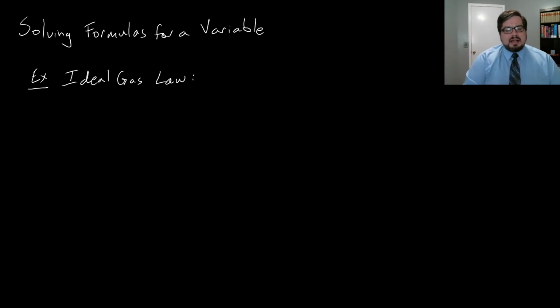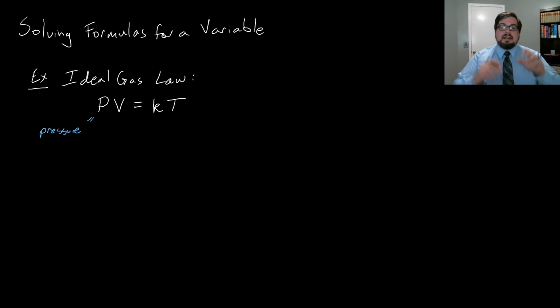So the ideal gas law can be written in symbols as PV equals KT, where each one of these symbols has a particular meaning. P is the pressure exerted by this gas on the exterior of whatever container is holding it.